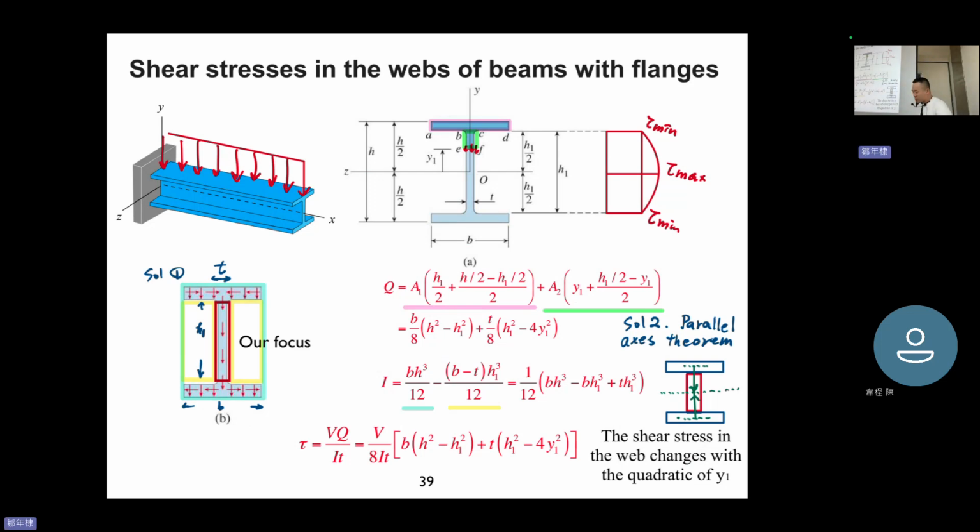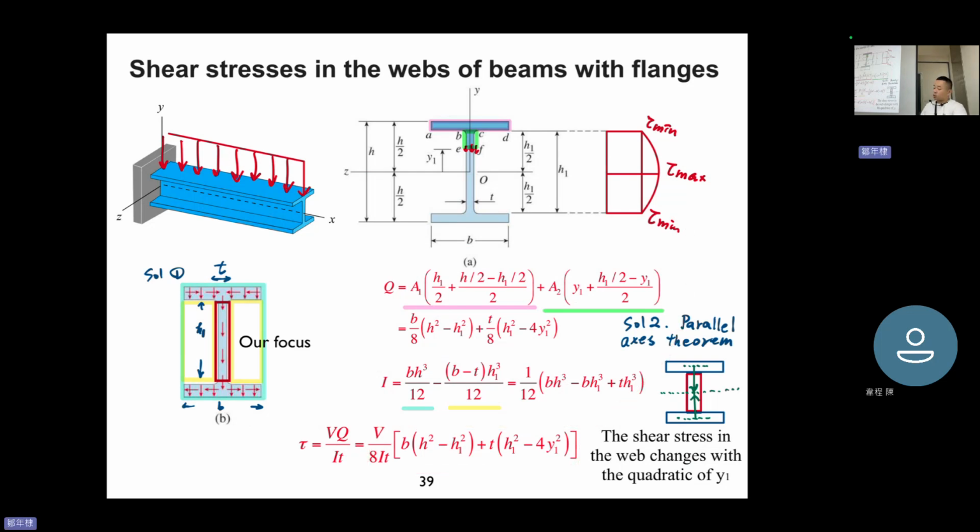We have 9 minutes left. So tau equal to VQ divided by IT. So we just need V and Q and I, that's it. So it looks like this. Wow, ugly. Okay. So this value can be determined like this.